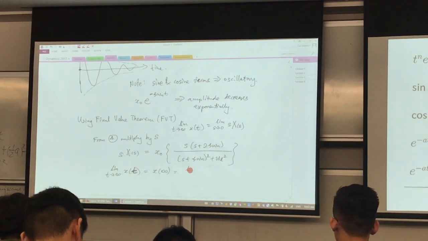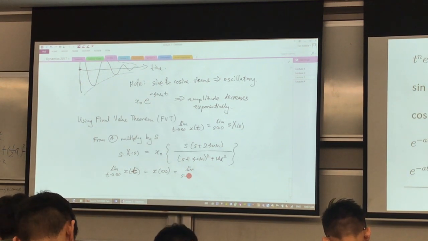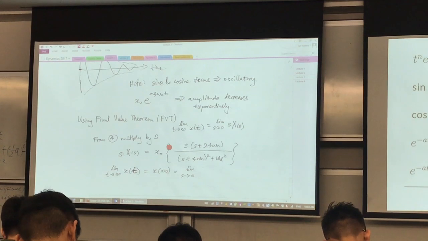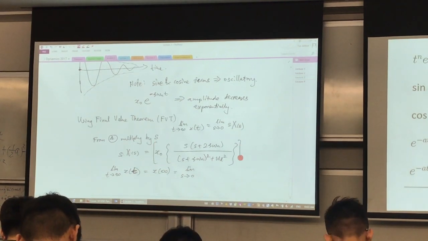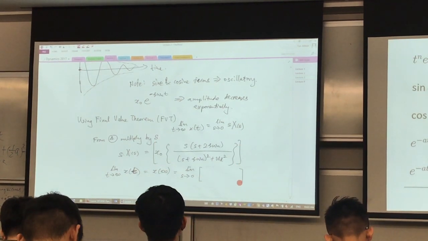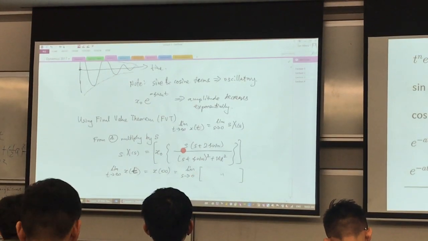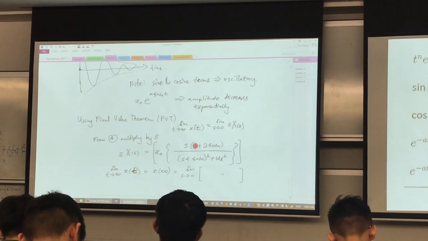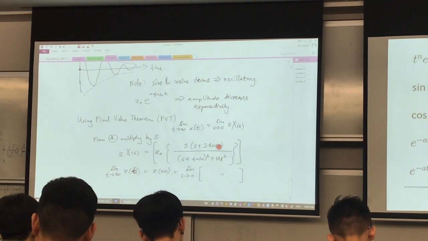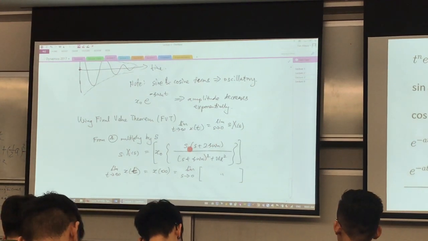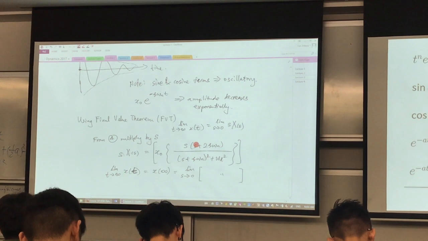If I take limits as s tends to 0 for this entire expression, let's have a look at the numerator. This s over here is 0, plus 2 zeta omega n. That s there will tend to 0, so that numerator will become 0.